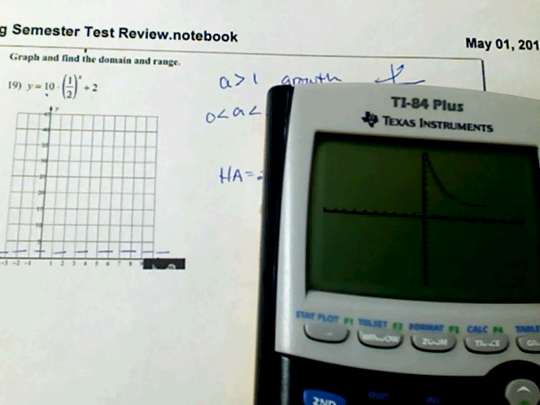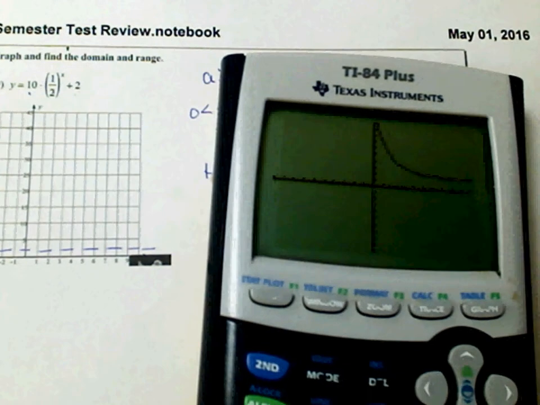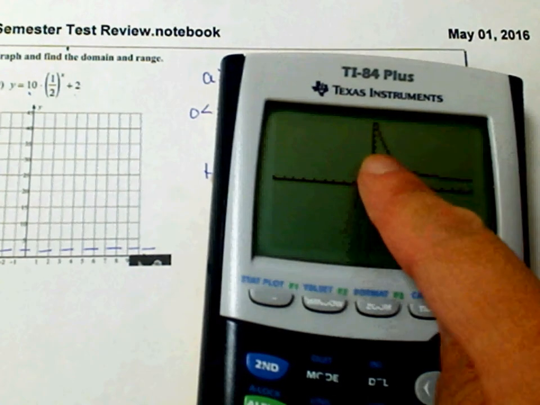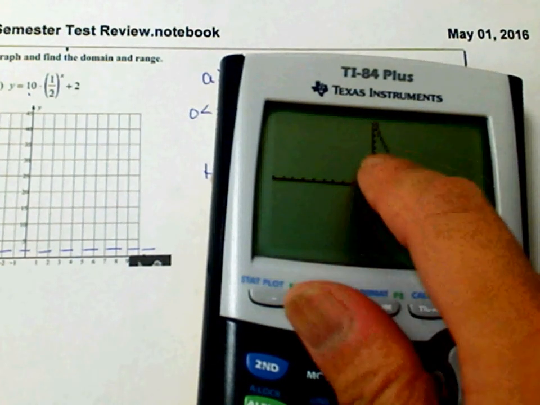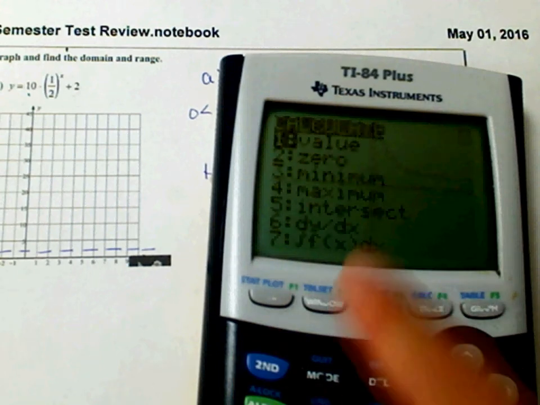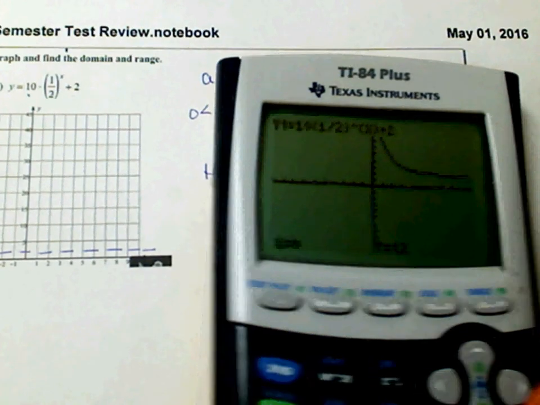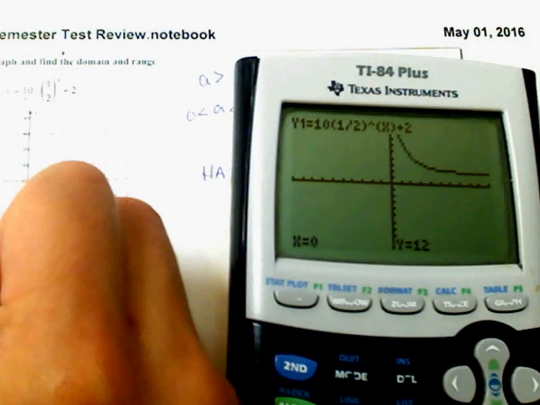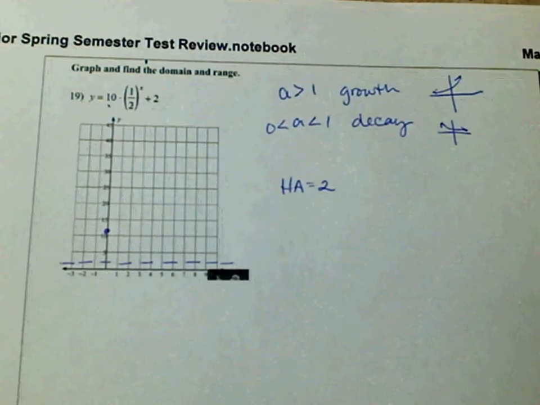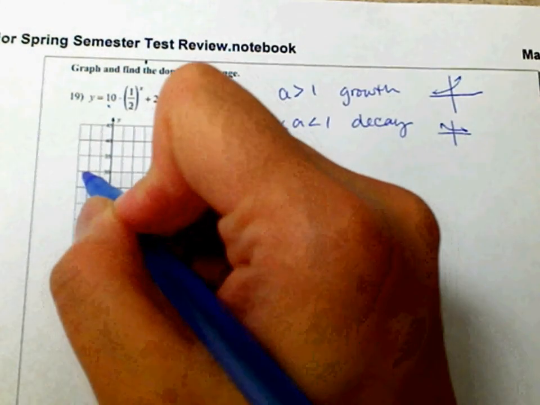And if you really want to find where it crosses the y-axis, you can go to second, calculate, and go to value. Type in 0 because your x value is 0. You see how it's at 12? So you just go to 12 right here, okay? And you kind of see how your graph will look something like this. It approaches but never crosses.